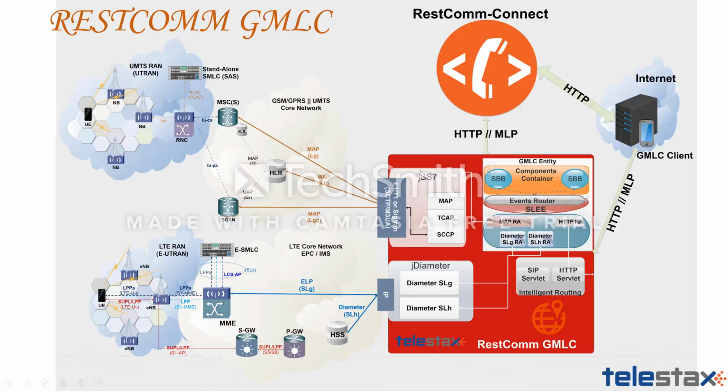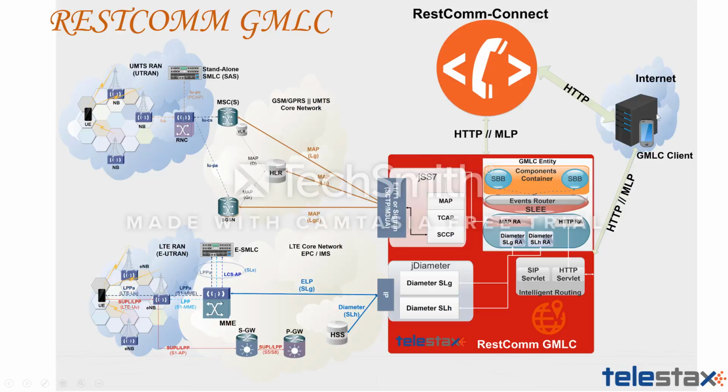As you can see, I have JSS7 to deal with circuit switched core networks like GSM or UMTS, and I also have JDiameter to deal with the LTE core network and Evolved Packet Core. We will simulate through HTTP the connection between Restcomm Connect and Restcomm GMLC.